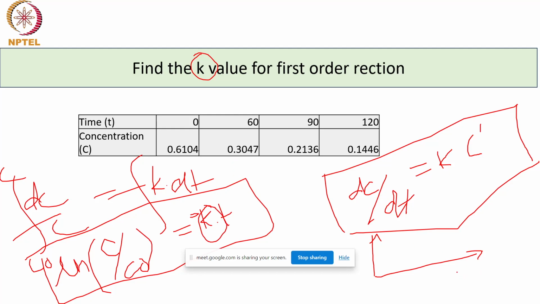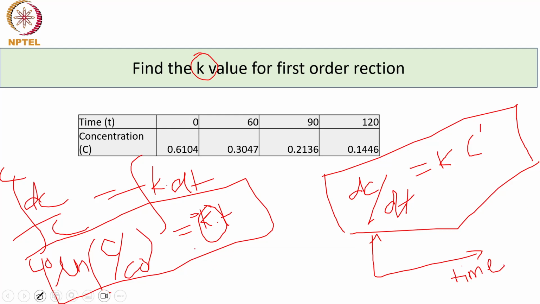If we make a plot between time versus ln of C by C naught, you will be able to get the slope, and that will be your k value. Can you understand what I am telling? Pooja? Yes, ma'am.